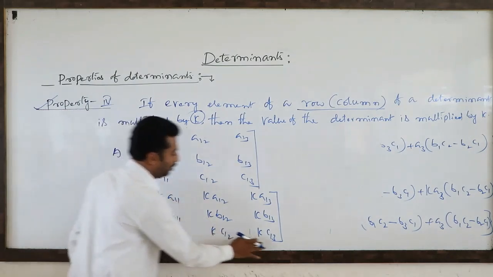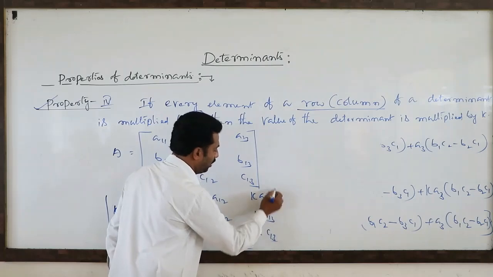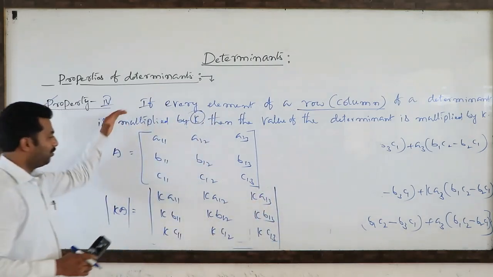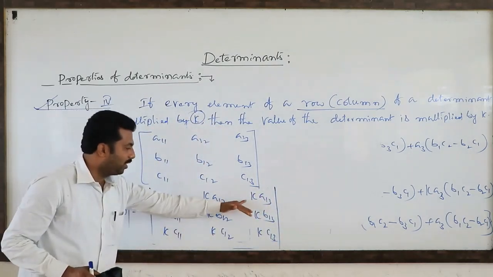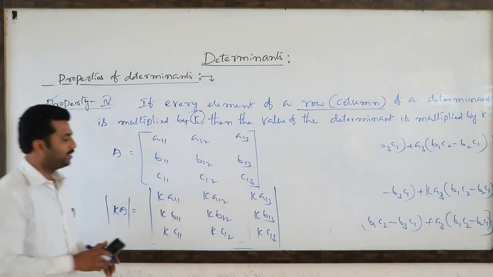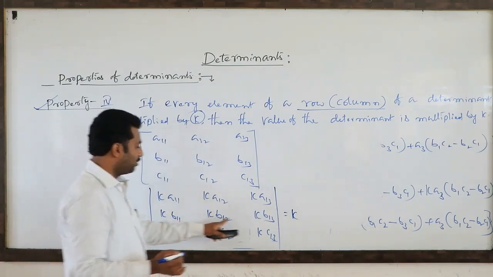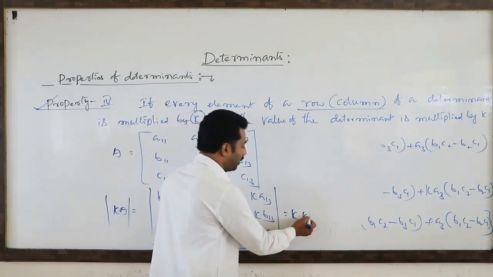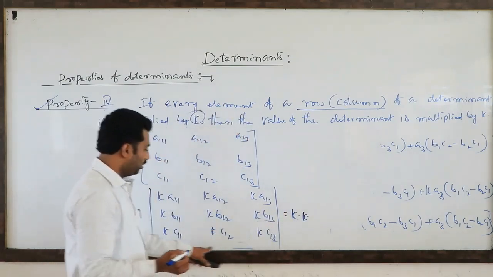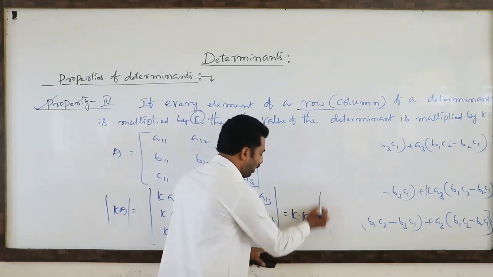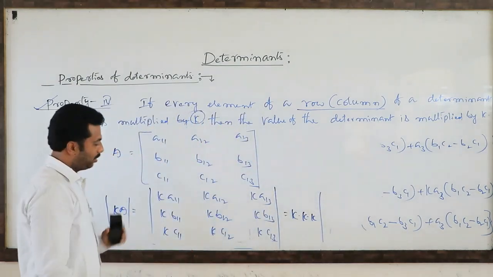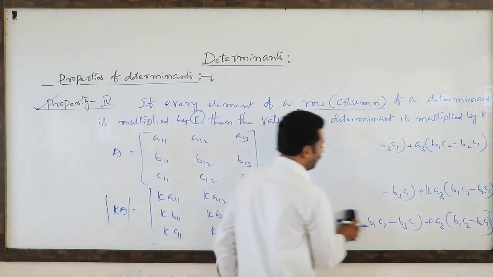Determinant of these elements. Now according to this property, first row multiplying with the same constant, that is K, you take K common. Second row elements also multiplying with the same constant, again K you take common. Third row elements multiplying with the same constant, again K you take common. So now what you left?